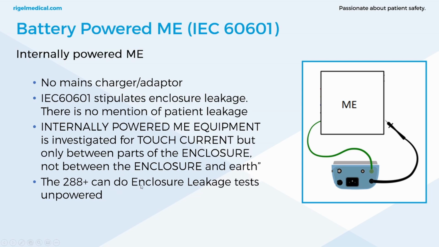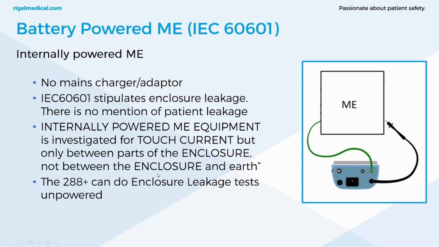The 288 Plus can do enclosure leakage tests unpowered, for convenience. You can go out into the field without plugging it into the mains to carry out these tests. All it's doing is measuring the leakage between 2 points. But there is further guidance in the manual on these point-to-point leakage tests if you require them.